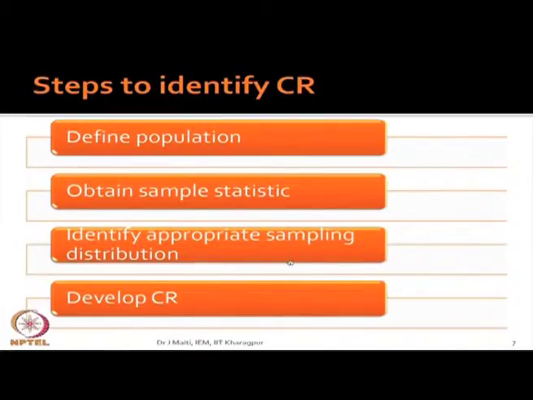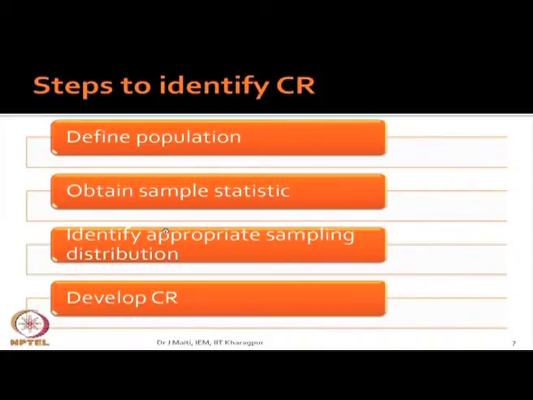What are the steps you have to follow to identify or define a confidence region? First you define the population; definitely we are considering a multivariate normal population, so our things become easier. Then you find the sample statistic and identify the appropriate sampling distribution.